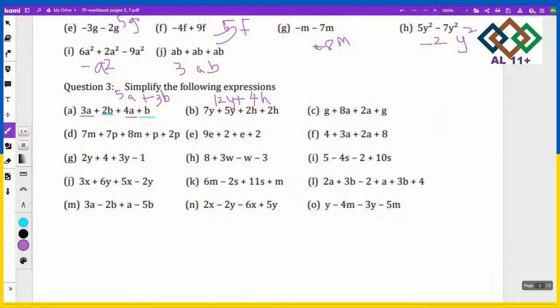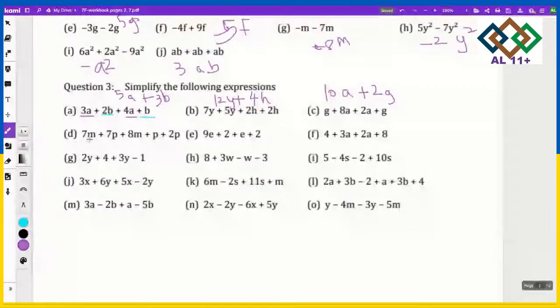Remember that you have the A first and then you have the G. So your answer should have A first and then a G. So that would be 10A plus 2G. And the next one, again, we will put them in order.